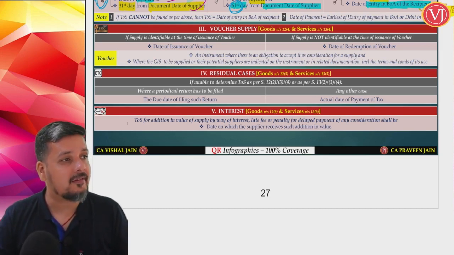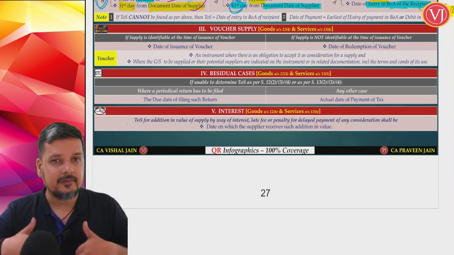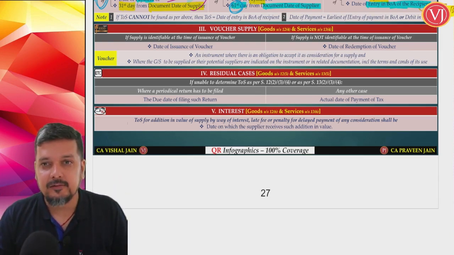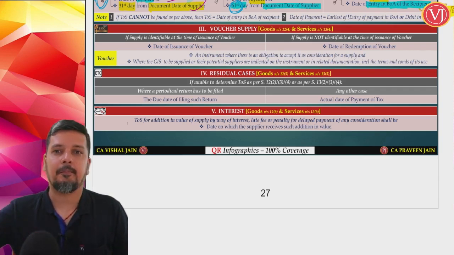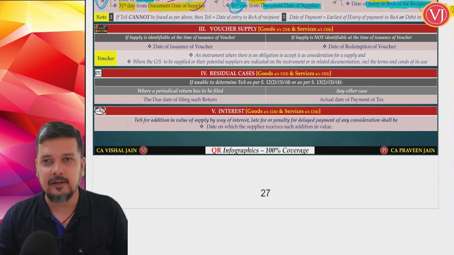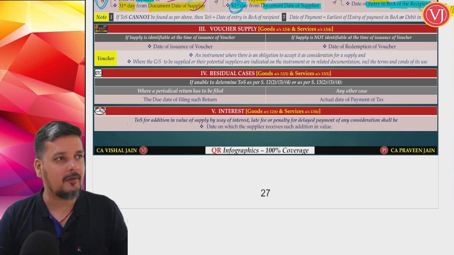Who are the suppliers? Big Bazaar and Pizza Hut. Recipient, Tata Limited. Employees are enjoying the benefit. There are two supplies: Big Bazaar, Pizza Hut to Tata Limited, and Tata Limited to employees. And for both of them, time of supply is the same.